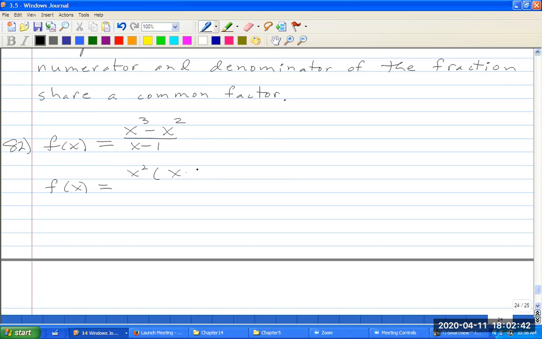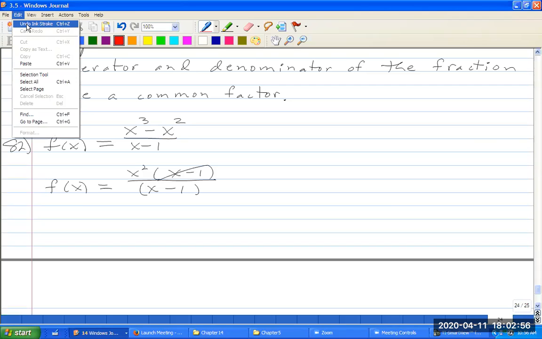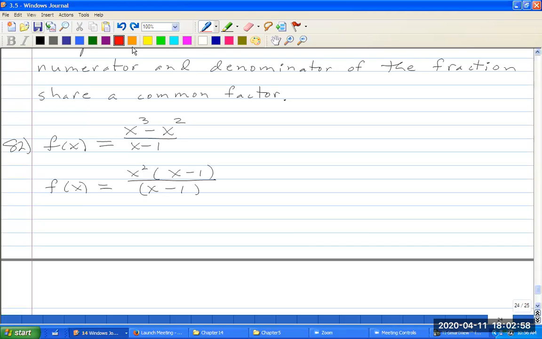What remains is x minus 1 over x minus 1. So I can cancel. But when I cancel, I have to note that I've actually created a hole.